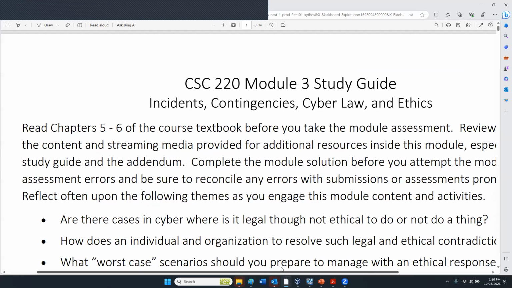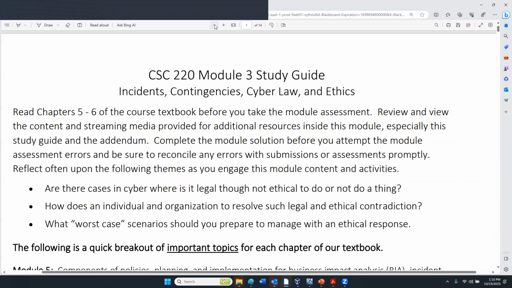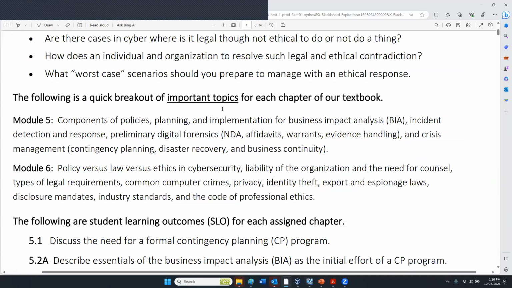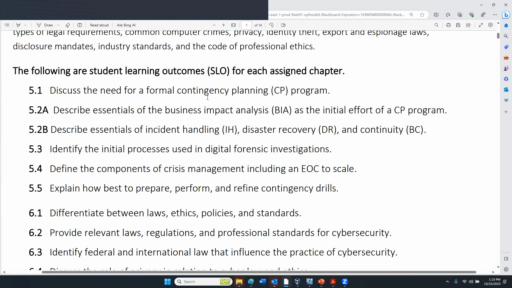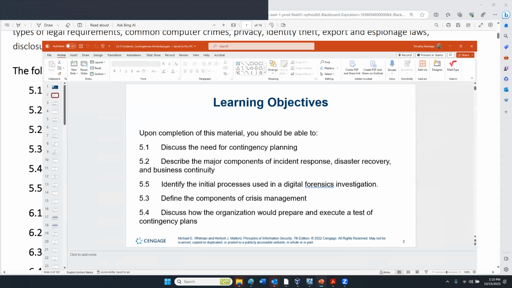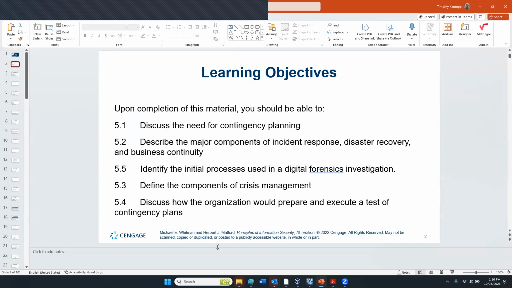Everybody can see this, yeah? Okay. So what we'd like to do is to start looking at our specific learning objectives and then take up from the slides in the references folder, right?